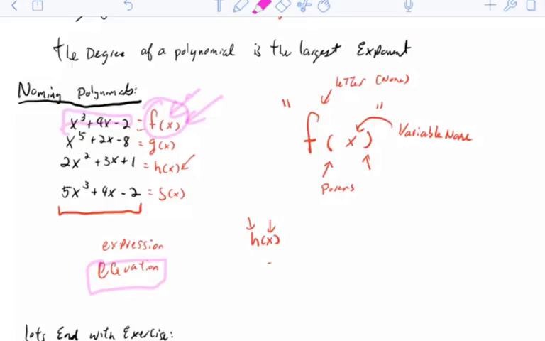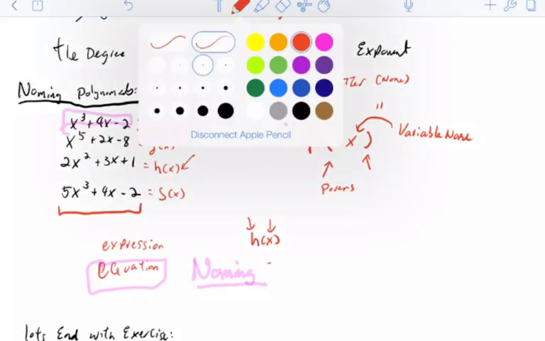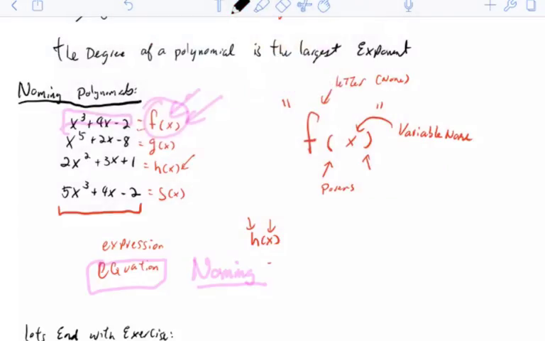All we're doing is we're naming the expression. Okay? How do you know when it's happening? Well, usually at the very start of a problem, when we're giving you the polynomial that we want you to work with, we'll say, here's a polynomial.